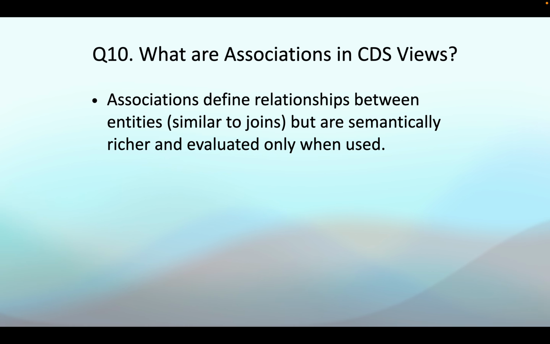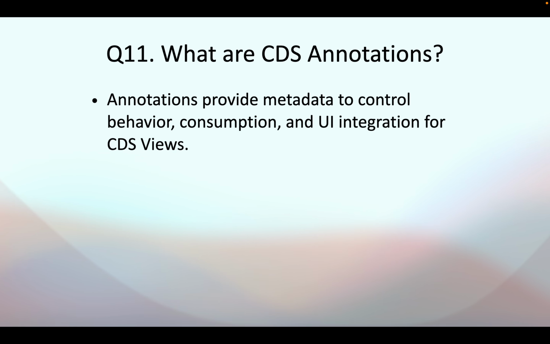What are associations in CDS views? Associations define relationships between entities, similar to joins but are semantically richer and evaluated only when used. So basically this is not getting executed every time, only when it is used it's getting executed. That's the main difference. What are CDS annotations?